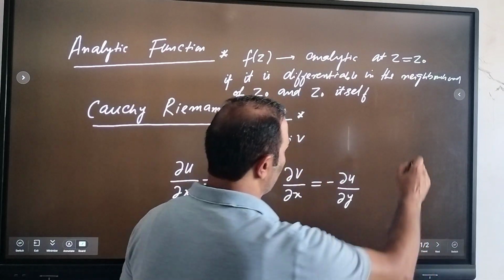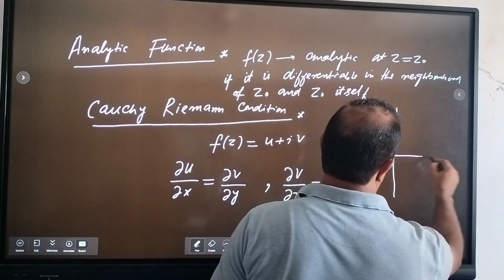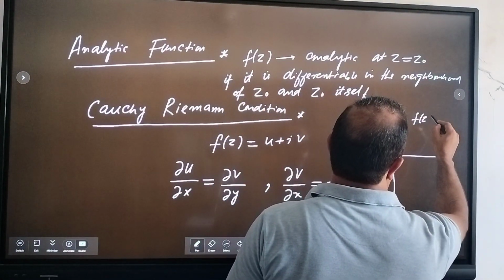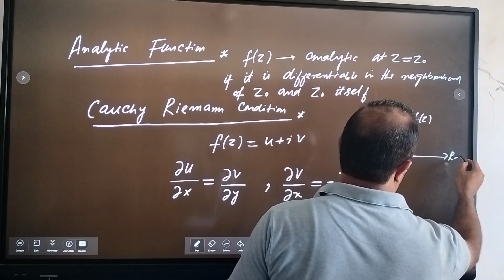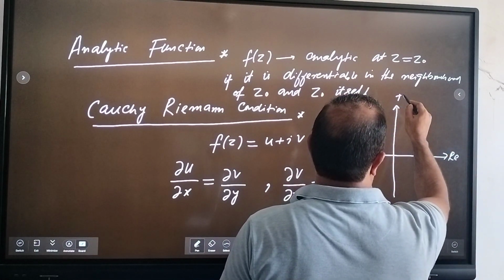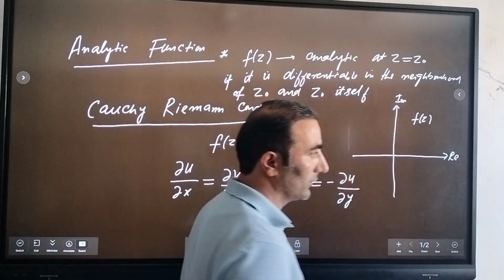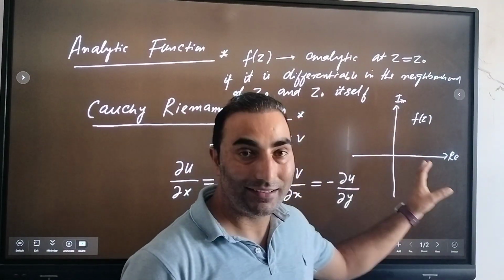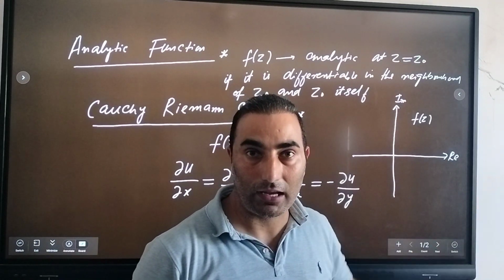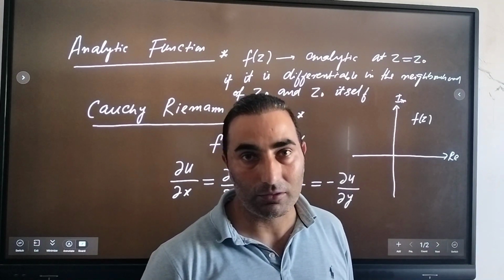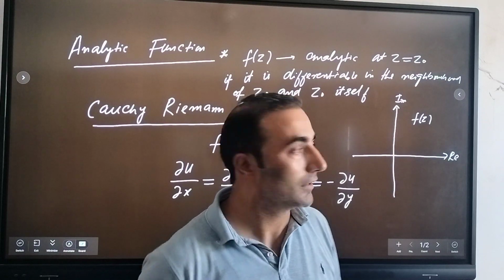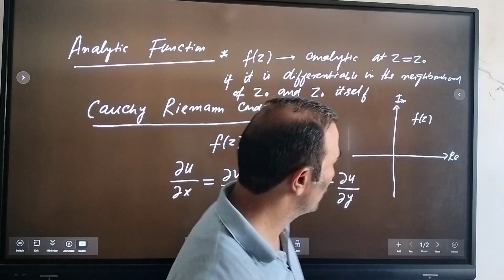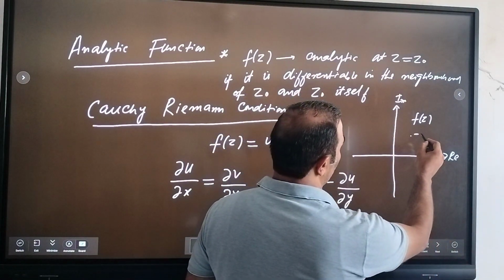Suppose this is some complex function f of z, with the real axis and the imaginary axis. We choose some point z equal to z naught.